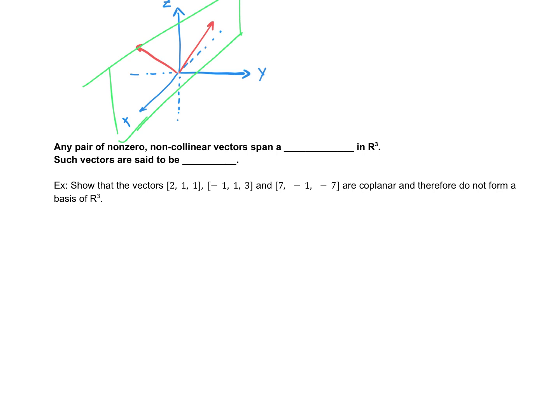So any pair of non-zero, non-collinear vectors span a plane in R3, so in 3D. Such vectors are said to be coplanar. So if I want to find a linear combination of a vector in a specific plane, I only need two. If I want to write any vector in 3D as a linear combination, I need three vectors, and those three vectors would create that spanning set or that basis in 3D.